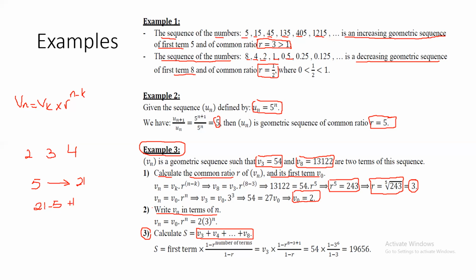To know how many chapters, you subtract 21 minus 5 and add 1. This is the rule. If you count with your fingers, you get 17.